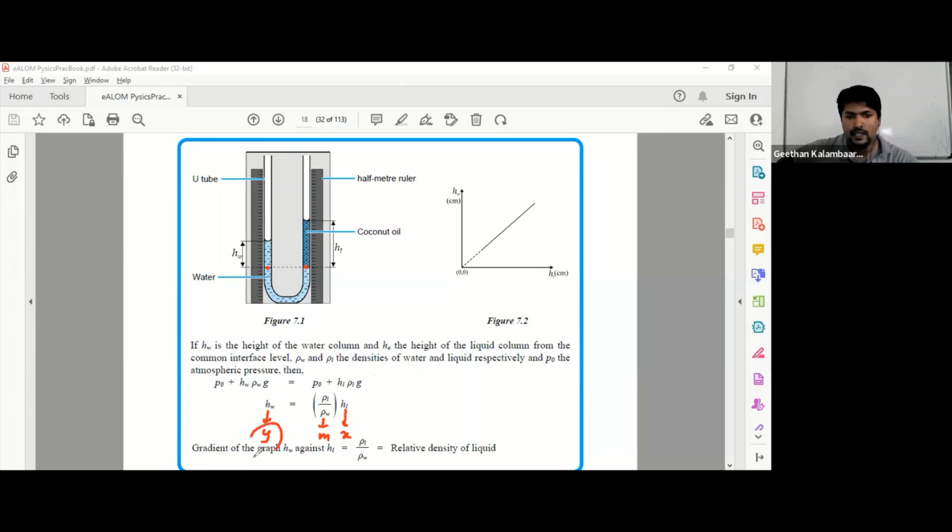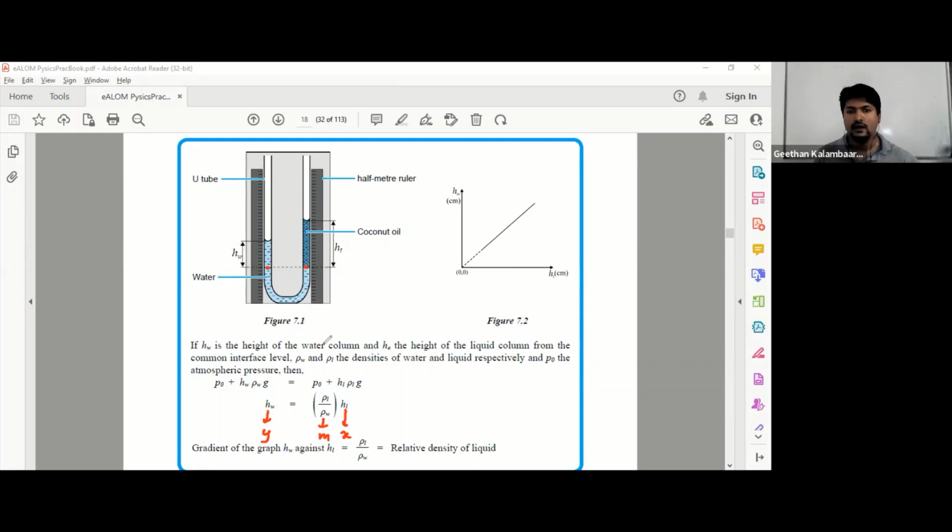So we take h_w as the dependent variable, which will depend on h_l. What we are going to change here is h_l, and accordingly h_w will change.